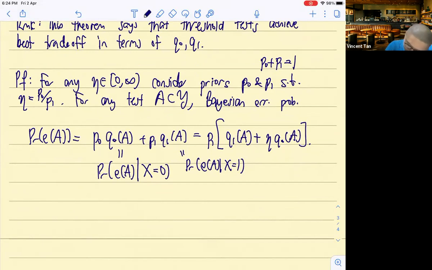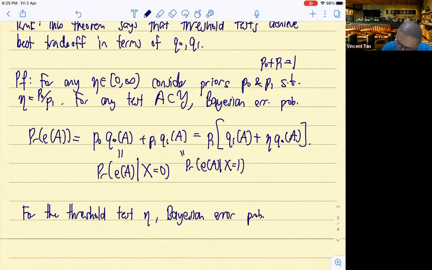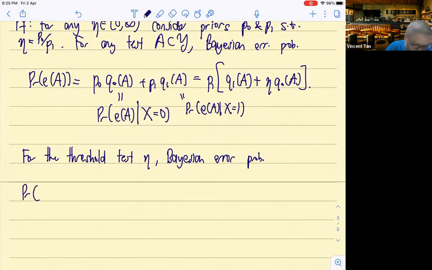Now if we consider the threshold test E eta, which we write as a subscript, let me write this carefully first. For any test A, the Bayesian probability is given by the above. But for the threshold test with threshold eta, the corresponding Bayesian error probability is given by exactly the same thing, except that we have to change our notation a little bit.